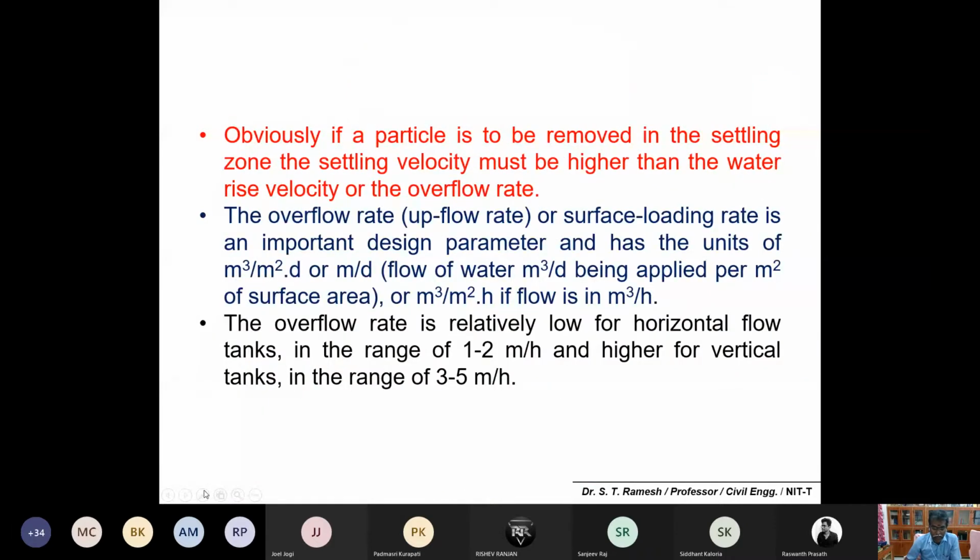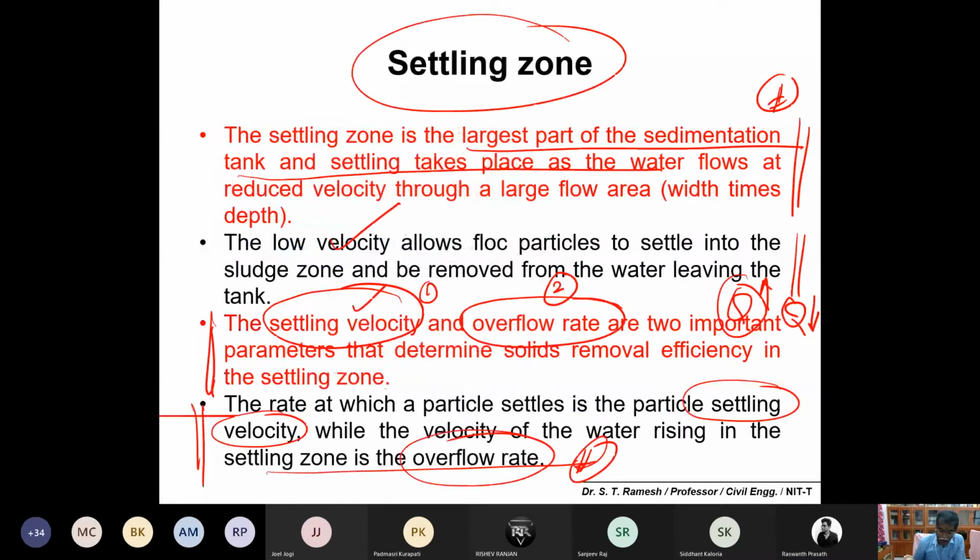And by considering these two velocities, one is settling velocity, another is the overflow rate. Overflow rate is again Q by A, the formula is Q by A only. So this again is in terms of velocity, Q by A is equal to velocity.